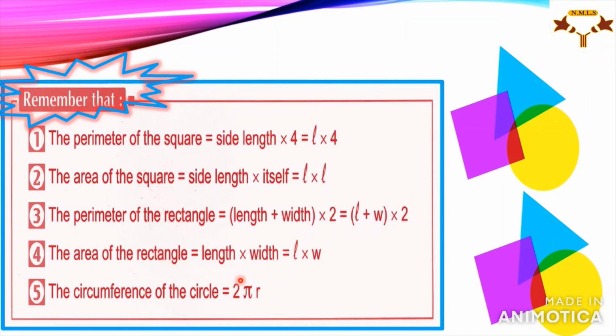Area of rectangle, length times width, L times W. Circumference of the circle, 2 multiplied by pi multiplied by R. R is the radius. So, important notes from the previous years. We will use them now.